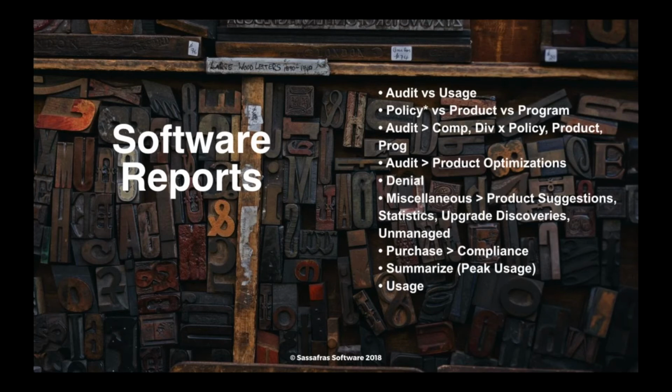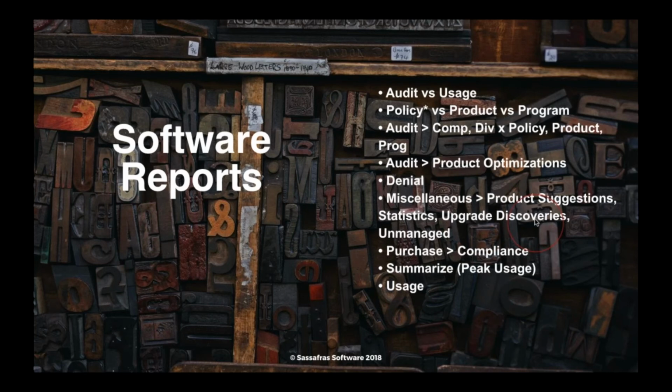There are a number of benefits to working with the standard product definitions. Probably the most important one being that you will have better product identification when you want to figure out where this product is installed. If you're using the standard definitions, you're going to have better luck. But also usage tracking is going to be more accurate, and a number of other items are going to be easier. Product upgrades are going to be easier to discover. There's an upgrade discoveries report listed here, and that does exactly that.